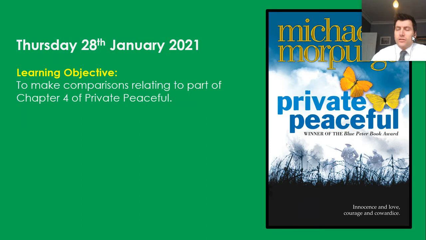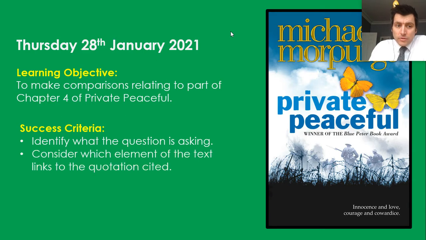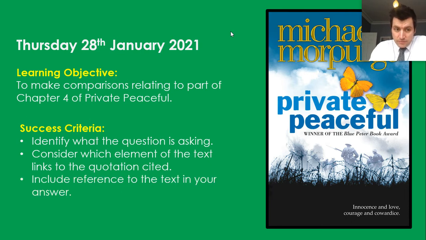It's one of the key things as a reader to understand what's happened before and what's happened within a text and to think about what that tells you about the development of the events or the characters. But to be successful in today's session, we will need to identify what we're being asked to do. We'll need to consider which element of the text links to the quotation that's cited within the text itself.